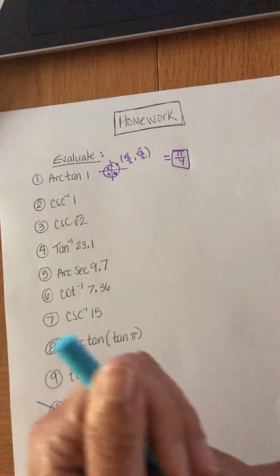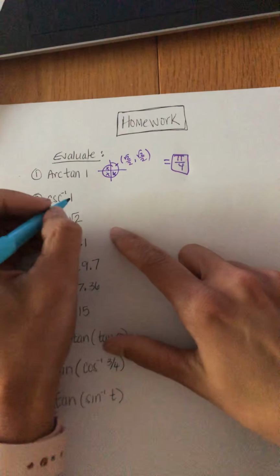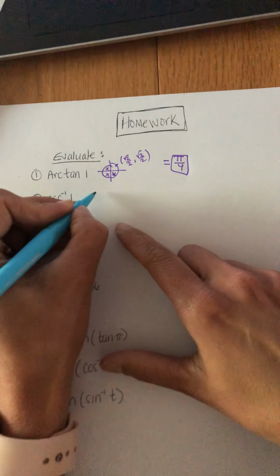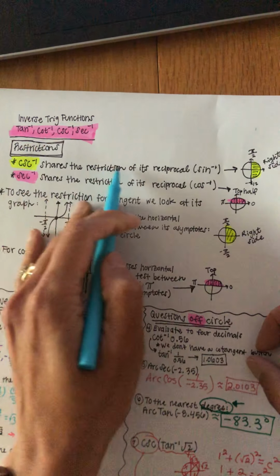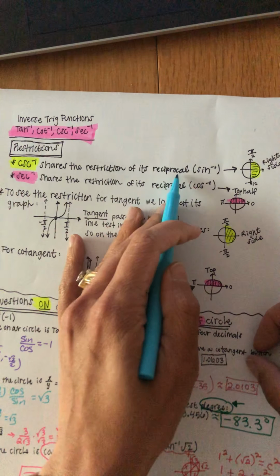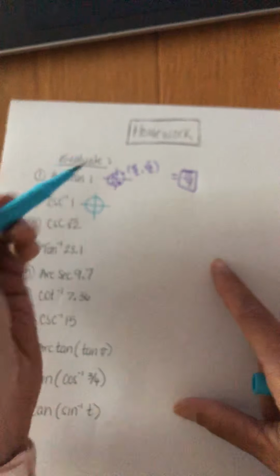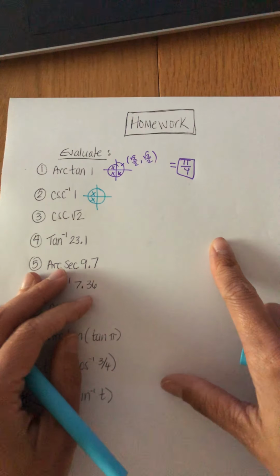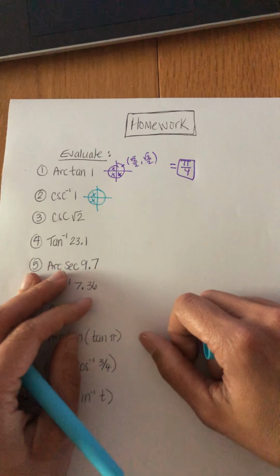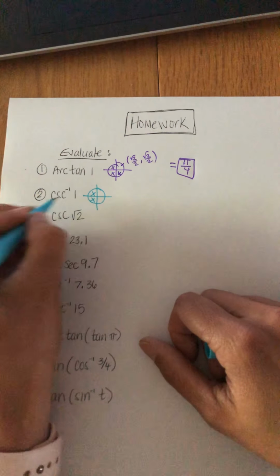Cosecant inverse of 1. Okay, so cosecant, remember, and you should be using your notes as you're going through these. Cosecant shares the same restrictions as sine inverse, so it's also going to be on the right side of the graph. That means we're not going to have anything in the second or third quadrant. And the cosecant would be 1. Well, basically, what's the reciprocal of 1?